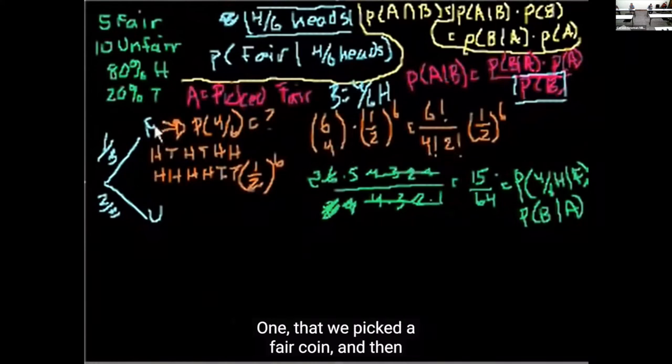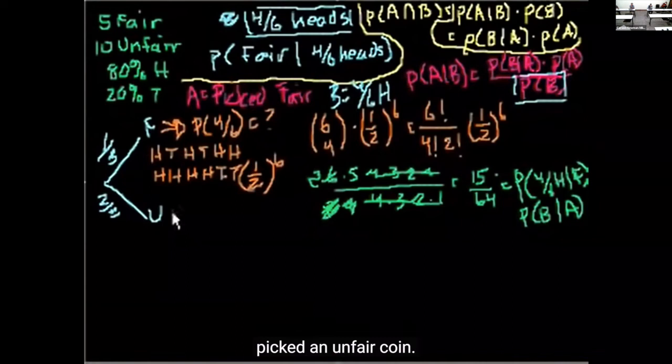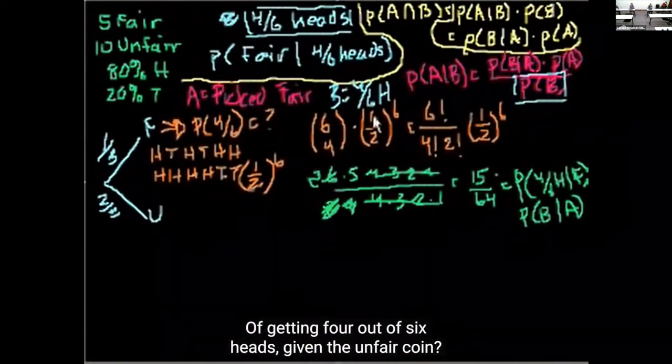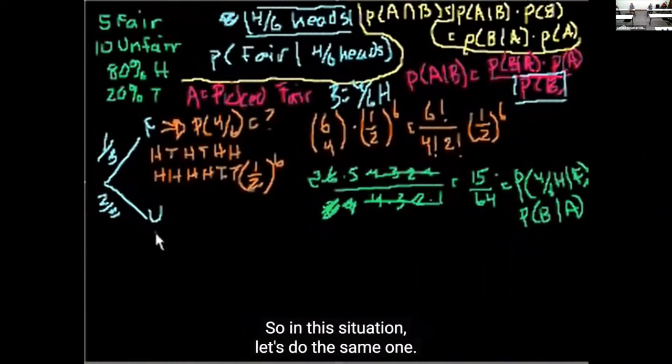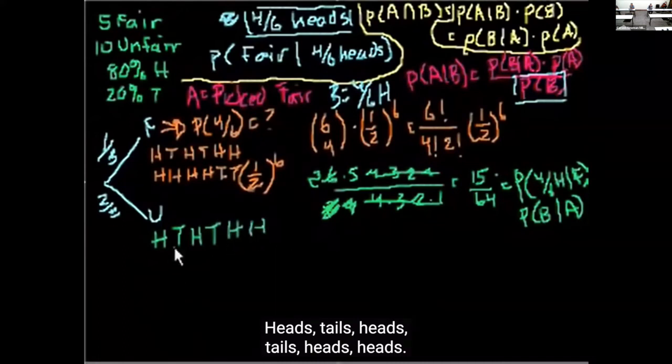One is that we picked a fair coin, times 15 out of 64. And then there's a probability that we picked an unfair coin. So what's the probability of getting 4 out of 6 heads given the unfair coin? But once again, what's the probability of each of the combinations where we get 4 out of 6? So in this situation, let's do the same one. Heads, tails, heads, tails, heads, heads. Right, that's 4 out of 6 heads.